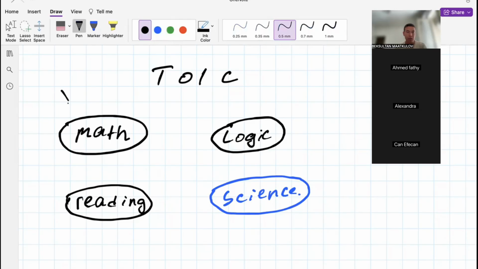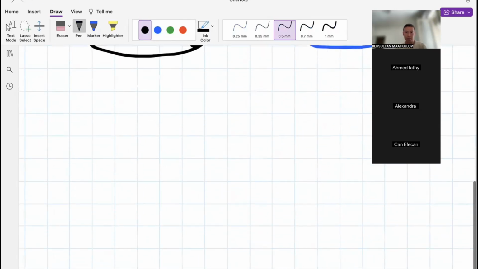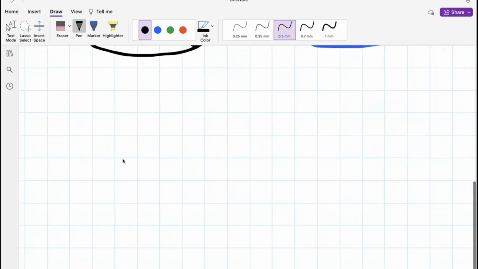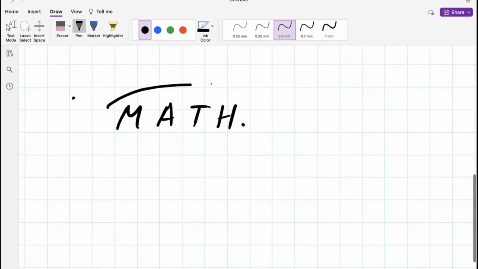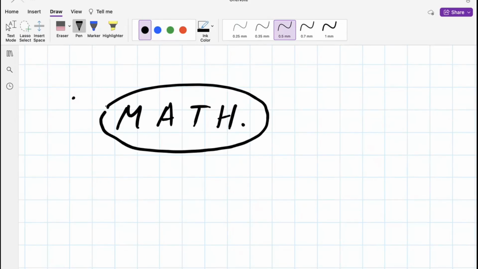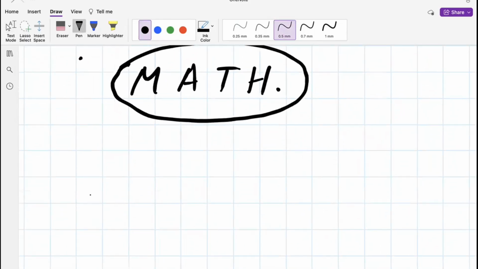Okay, so let's start with math for TOLC.